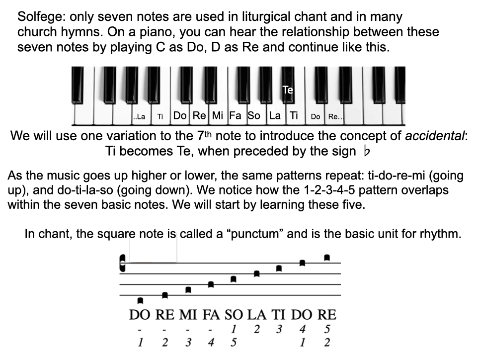So that's where we can see that this 1, 2, 3, 4, 5 pattern overlaps with the 7 notes that we define as our solfège for liturgical music. So we're going to start with those 5. Now, a definition: in chant, the square note is called a punctum, and it is the basic unit for rhythm.